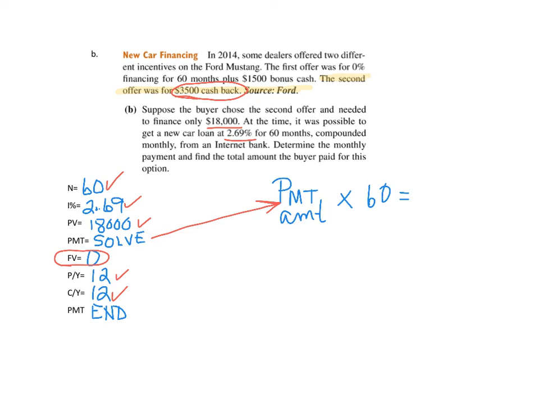So we're going to enter that information into the calculator. Interest rate 2.69. Amount borrowed is $18,000. Payment's what we're going to solve for. And their payments are $320.96 each.